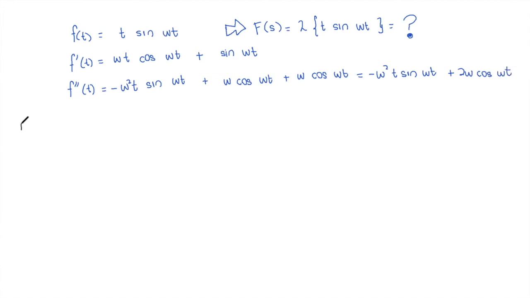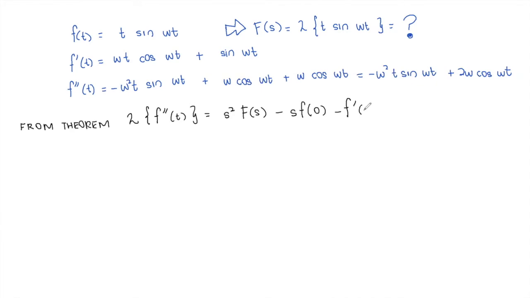Now based on the theorem of derivatives, we know that the Laplace transform of f double prime of t is equivalent to s squared multiplied with the function itself in the s domain, minus s multiplied with the initial value of the function when time is equivalent to 0, minus the initial value of the derivative when time is equivalent to 0.